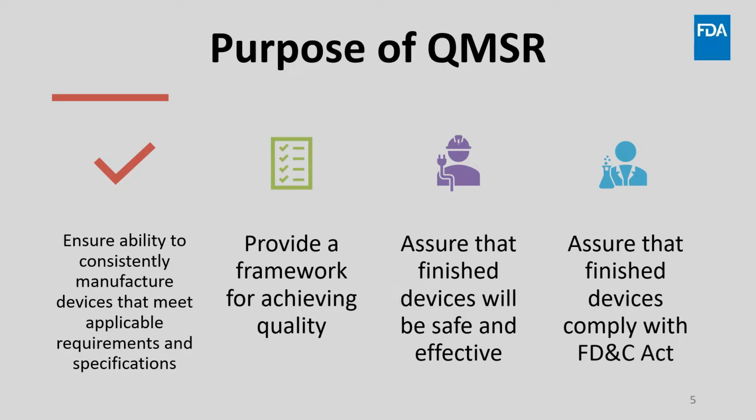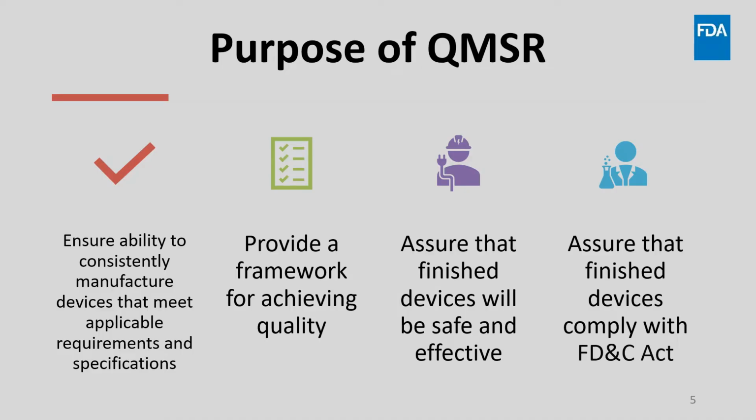The QMSR ensures the ability to consistently manufacture devices that meet applicable regulatory requirements and device specifications. It provides a framework for achieving quality throughout the organization, similar to the 1996 QS regulation. In general, it does not specifically tell manufacturers how to implement requirements to achieve quality, but provides this basic framework.